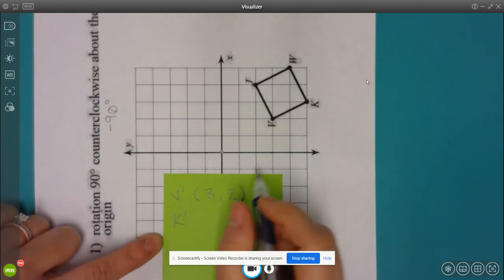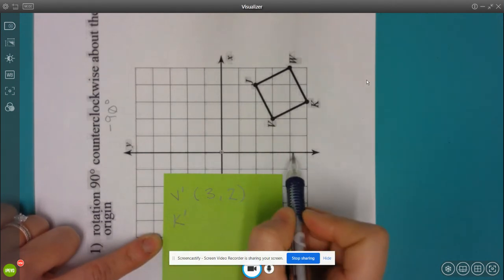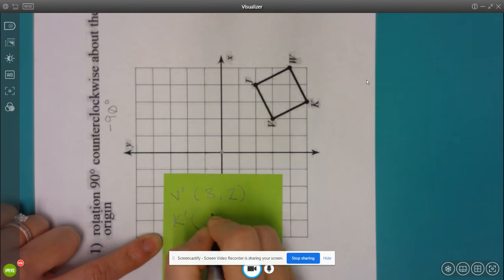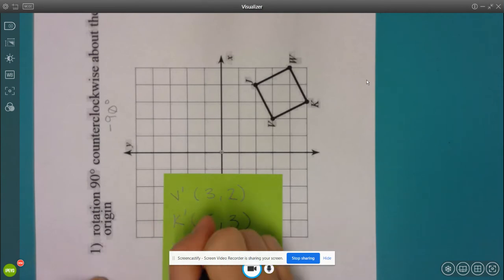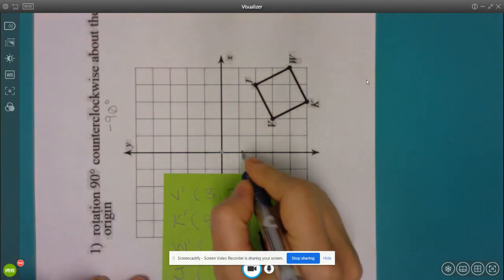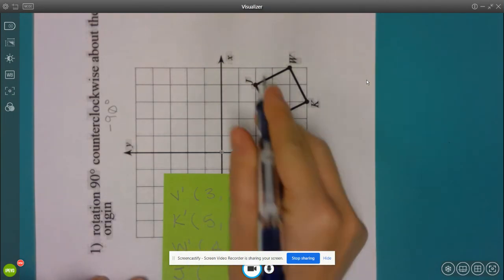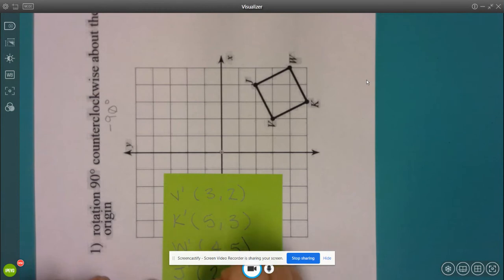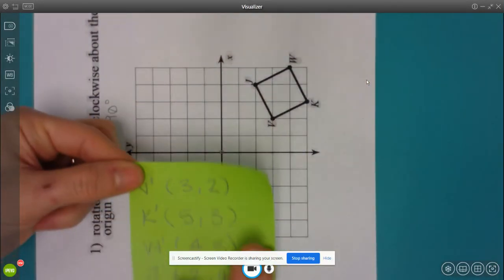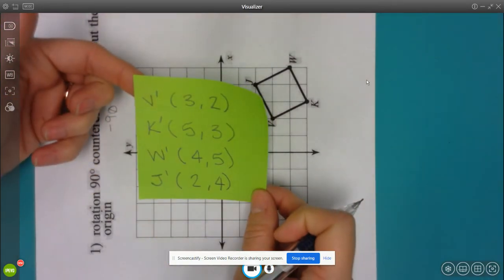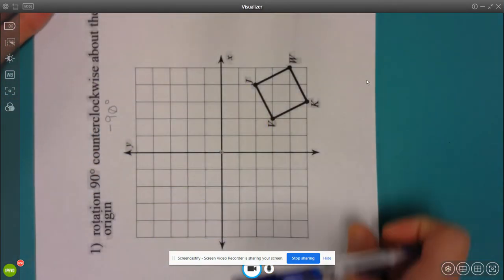K prime will end up at 5, 3. W prime will be at 4, 5. And J prime will be at 2, 4. So these are my image points based on what this rotation should look like.